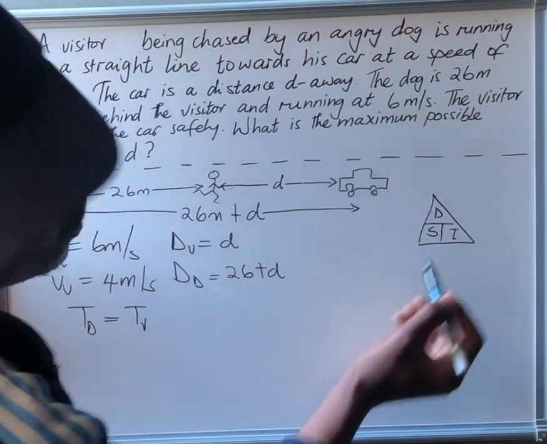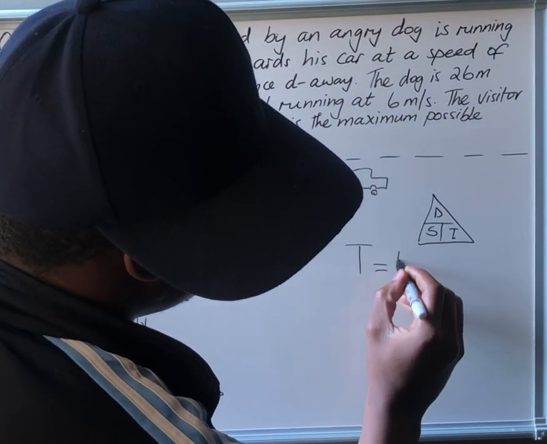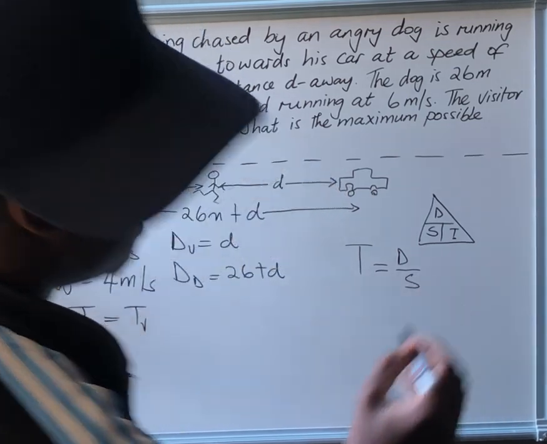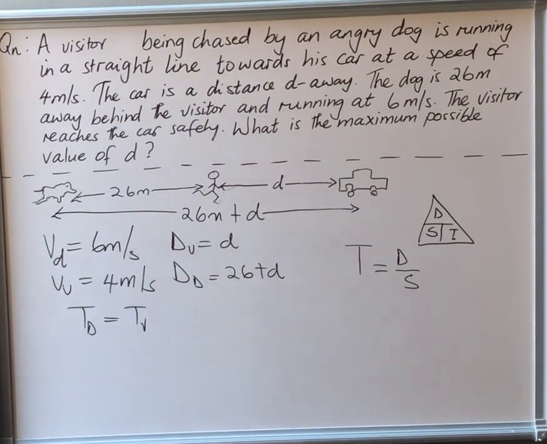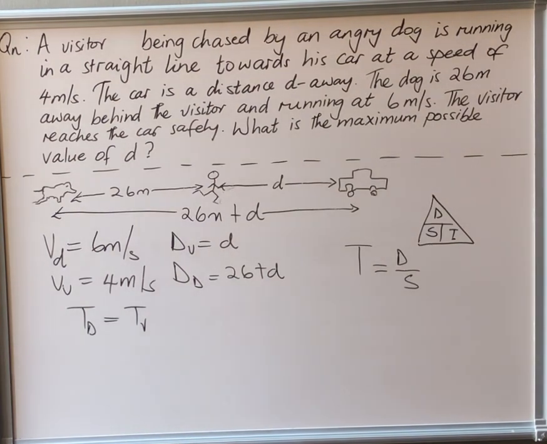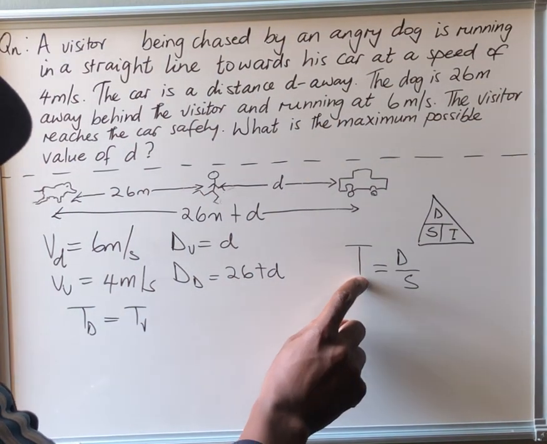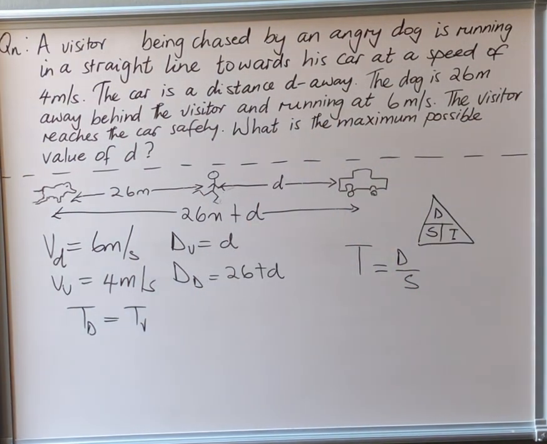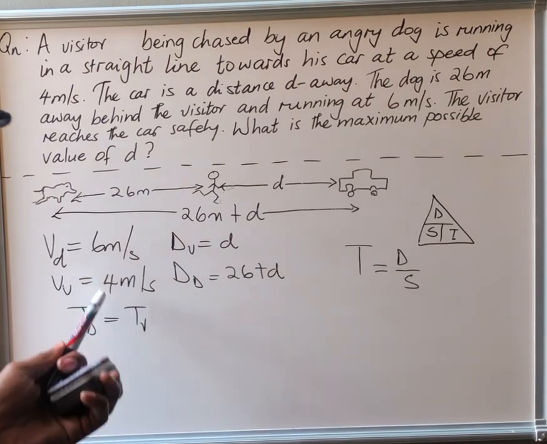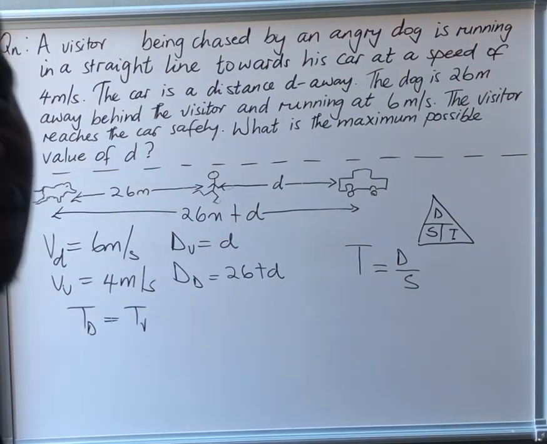Now we want to know the time. So T from this formula will be equal to D over S, distance over velocity, which is speed. So we need to calculate the T of the dog as well as the T of the visitor.